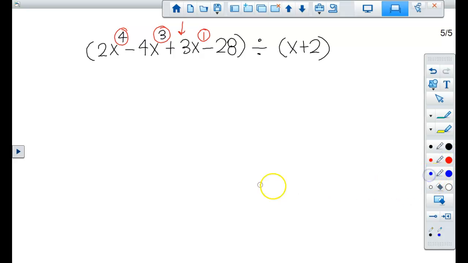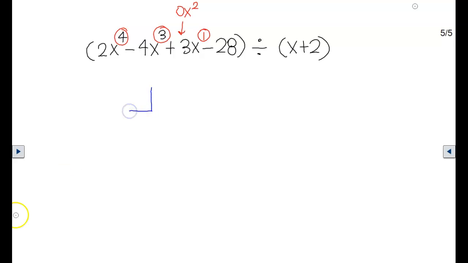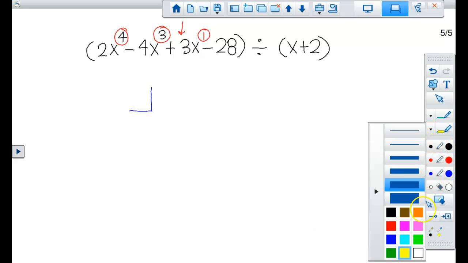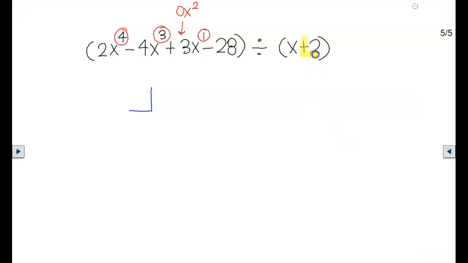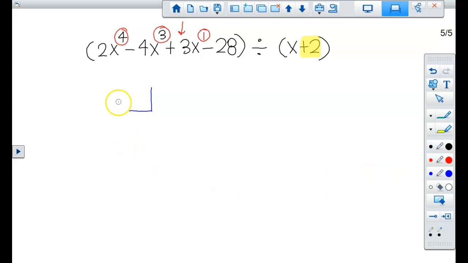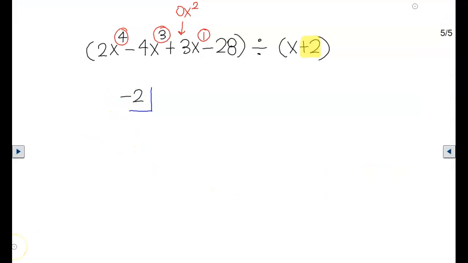All right, synthetic division symbol. The number that we will put there is going to be the opposite of that number. Opposite of positive 2. So we're going to put negative 2 right there. Now, coefficients. We have 1, 2, 3, 4, 5 terms counting that placeholder. So we're going to put those coefficients here. So 2, negative 4, 0, 3, and negative 28.